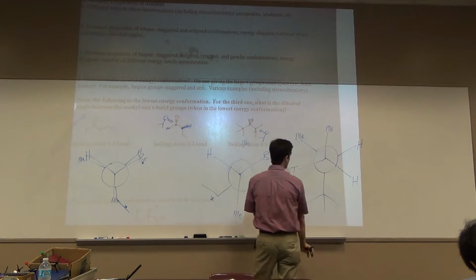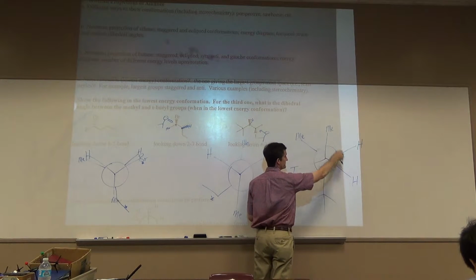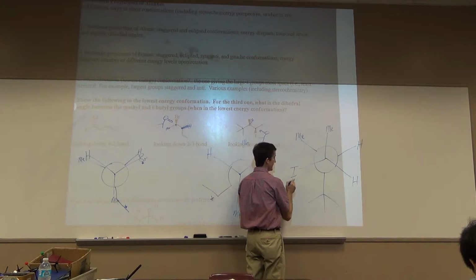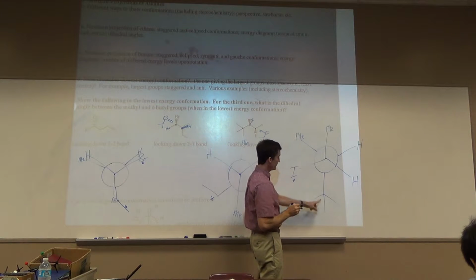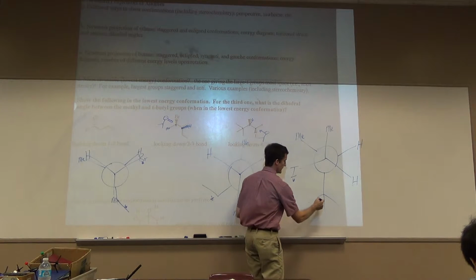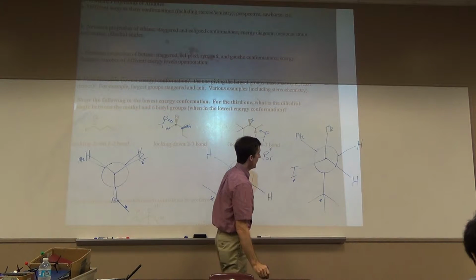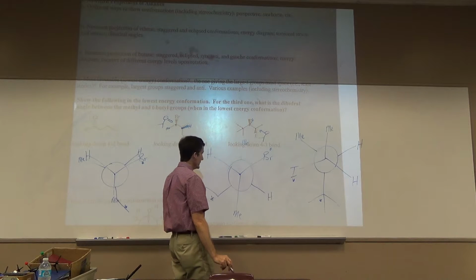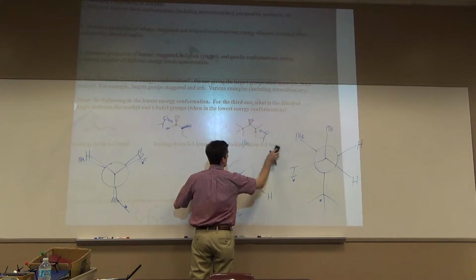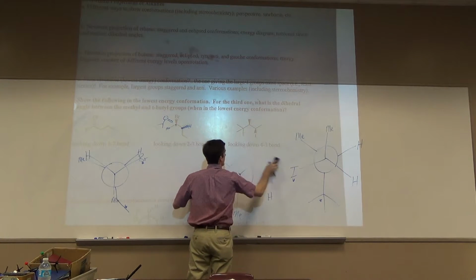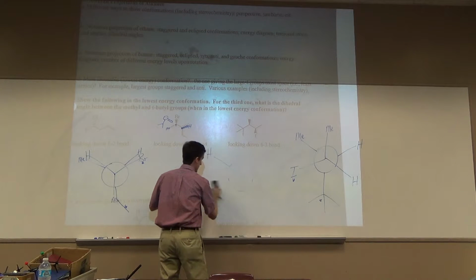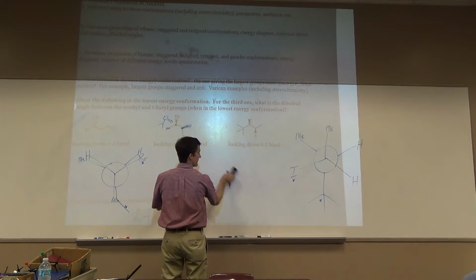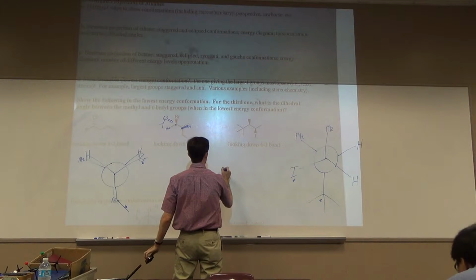Is that the lowest energy conformation? What's the biggest on the front carbon? Iodine. What's the biggest on the back? Methyl or T-butyl? T-butyl. Okay. Now you can rotate either one. I'll rotate the front, I reckon.